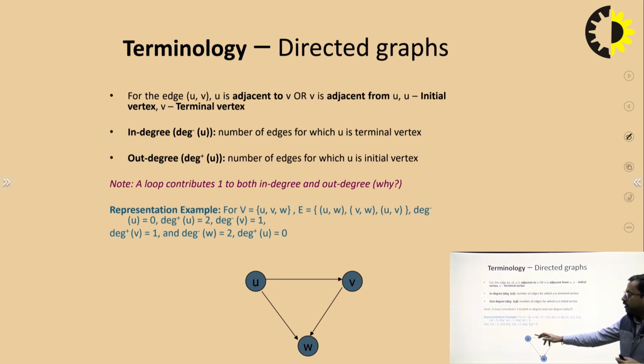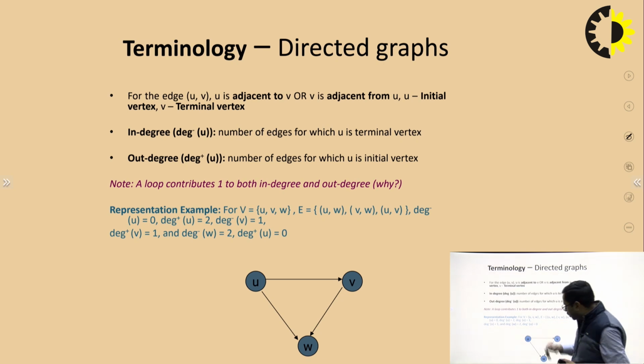So the in-degree of u is 0. But in the case of out-degree, the nodes are associated in such a way that outgoing connections exist. For u, we can check that the vertices v and w are linked to u with outgoing connections. So the out-degree of u is 2.